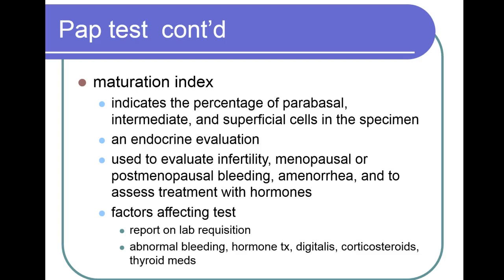There's some information here. I believe your book has additional information on it. Just know that it is actually an endocrine evaluation. So it's looking at the quality of the cells, not whether they're malignant or not. It's looking at how the hormones have affected them. So like I said, that's all you need to know about this at that time.